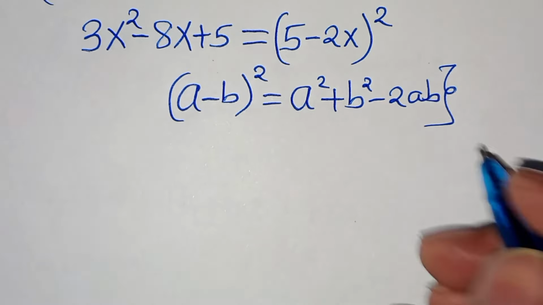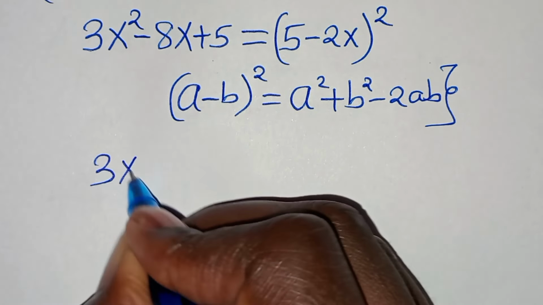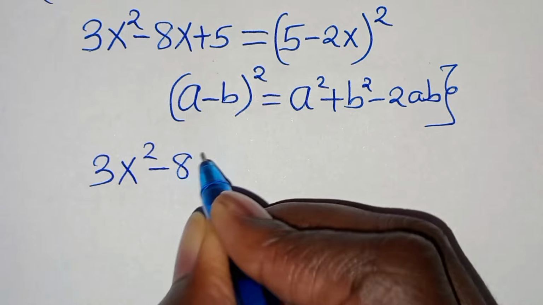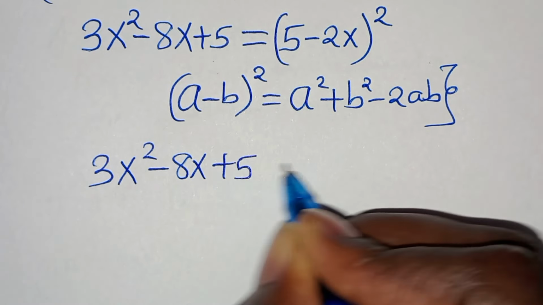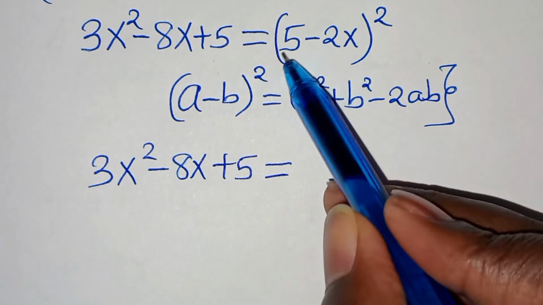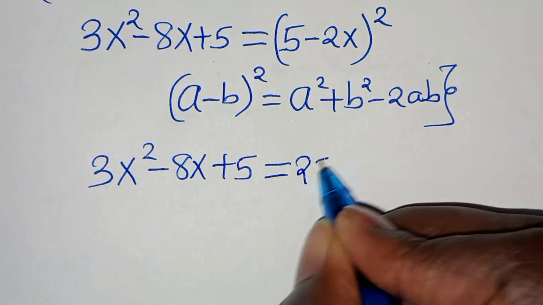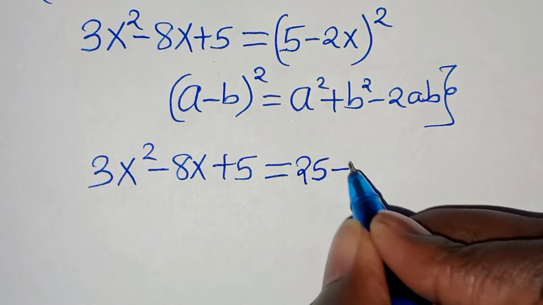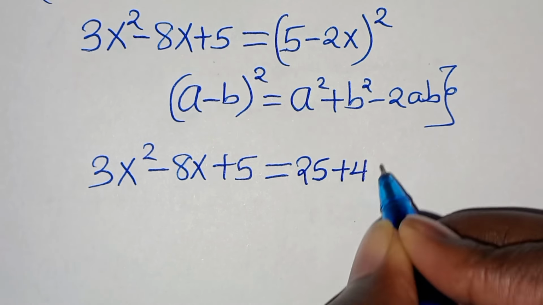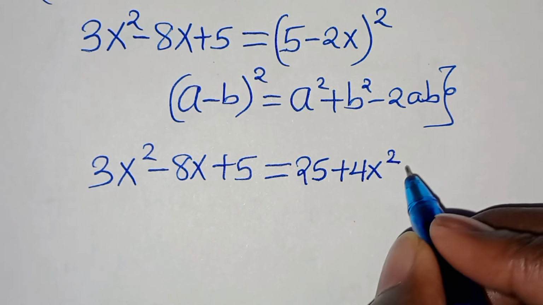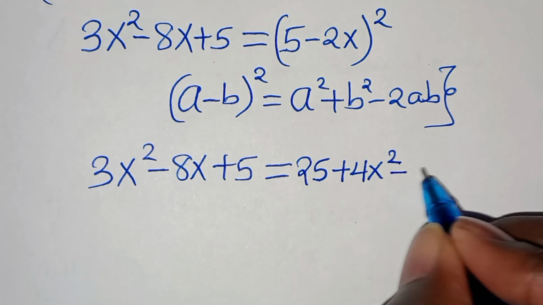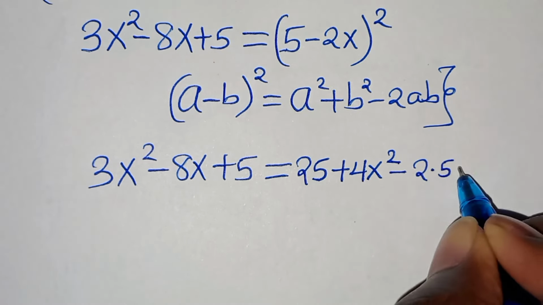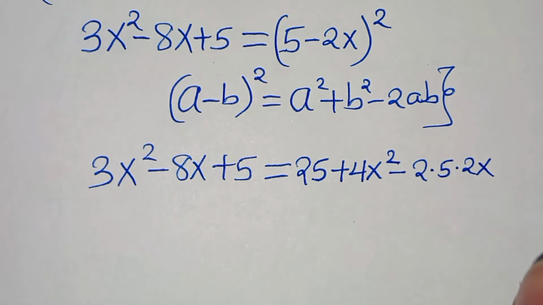Applying this algebraic identity, we have 3x to the power of 2 minus 8x plus 5 equal to, now this is 5 squared, which is 25, plus 4x to the power of 2, then minus 2 times 5 times 2x.